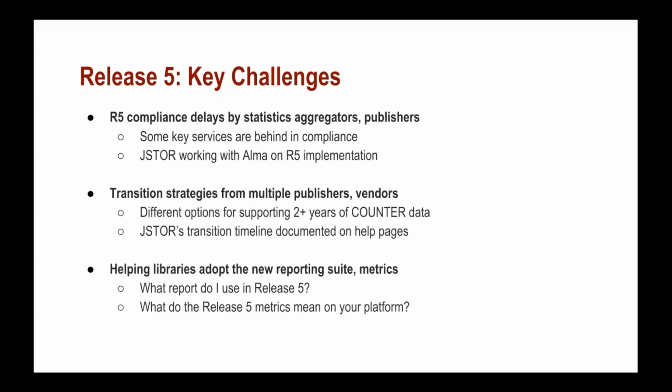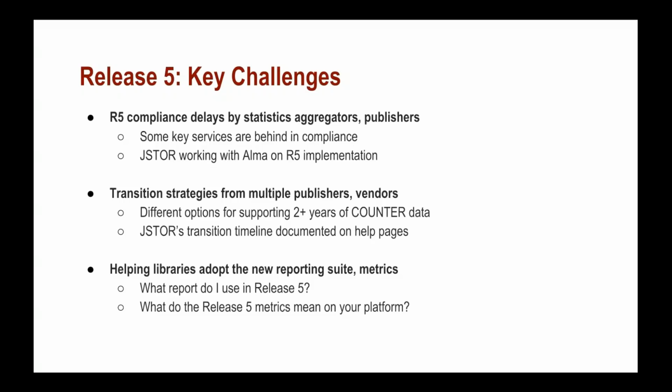The last piece, which is not a challenge specific to Release 5 but just in general of rolling out a new release like this, is helping educate and train the community, and us as JSTOR as an organization, on what the reports and metrics mean.